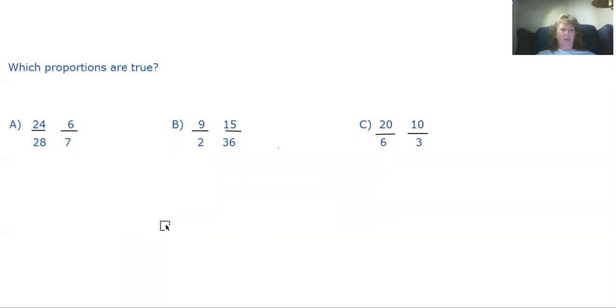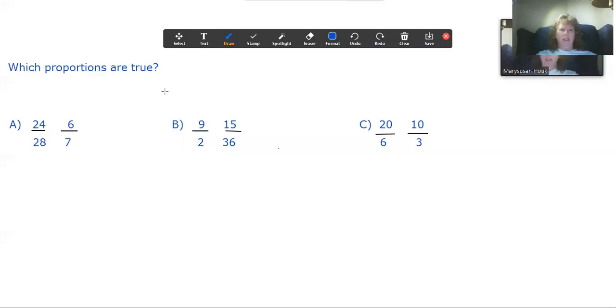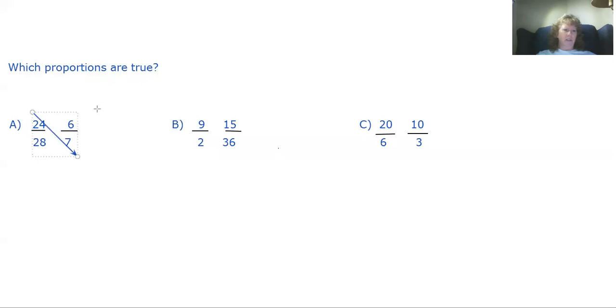Here we have 3 problems where we're asked if these proportions are true. So let's cross multiply and find 28 times 6. That amount is 168. Then if we multiply 24 times 7, that is also 168.